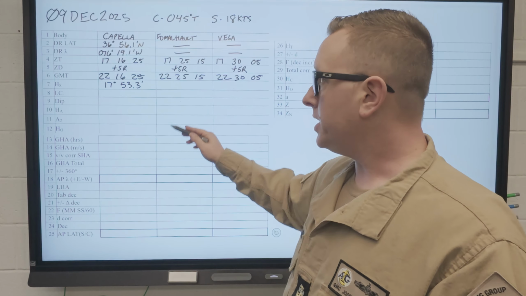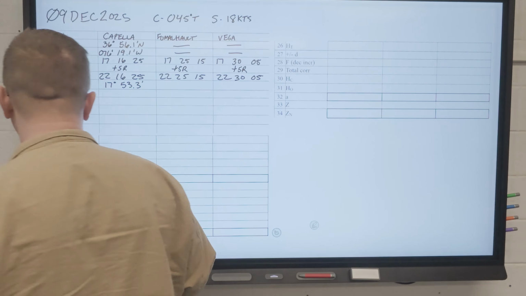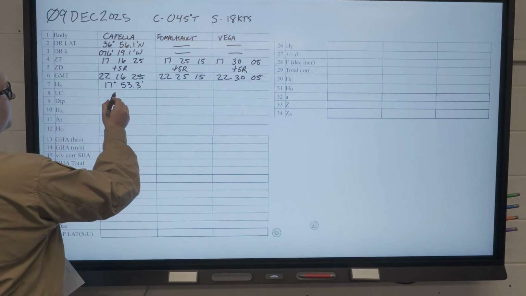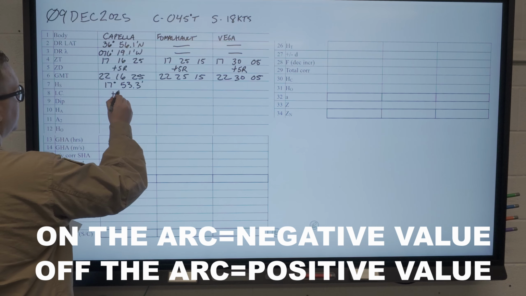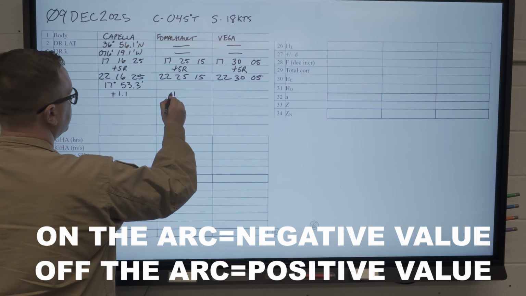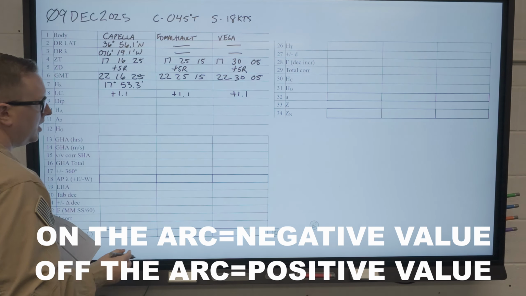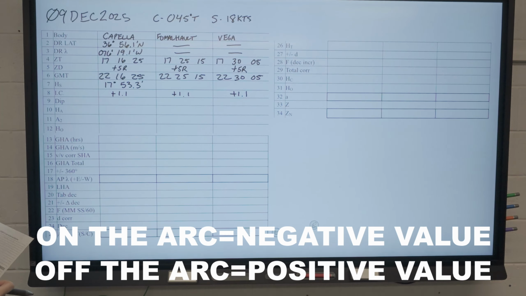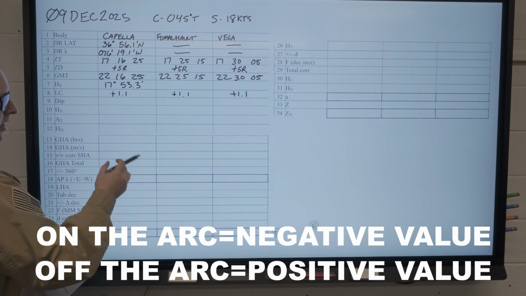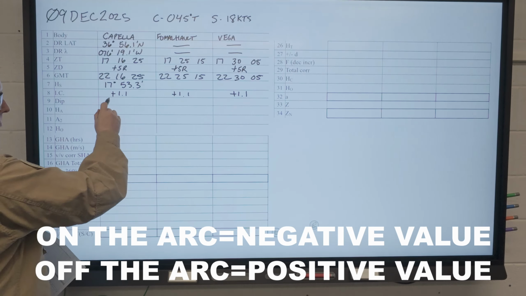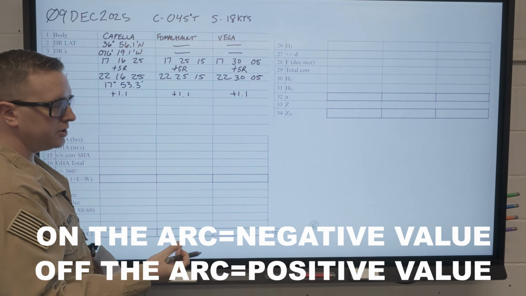You're using the same sextant for each star, so you're going to have the same index error for each star. In this case, it is plus 1.1, and you just put that for all of them. Basically, put the plus if it was off the arc, before 0. You'll subtract it if it's after 0 because you want to zero out your sextant.